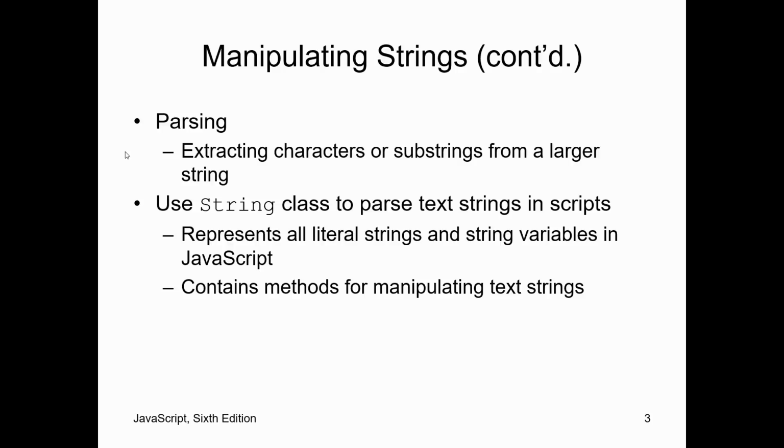When you parse a string, typically you're going through a string looking for something. For instance, if my string happened to be the Gettysburg Address, maybe I wanted to see how many times the word slavery was used. That would be a substring.